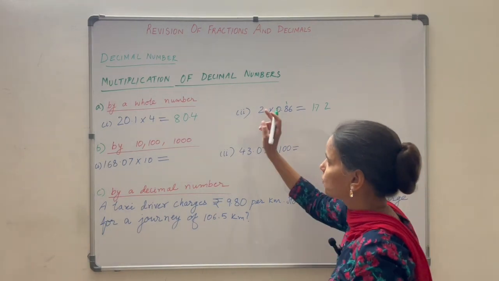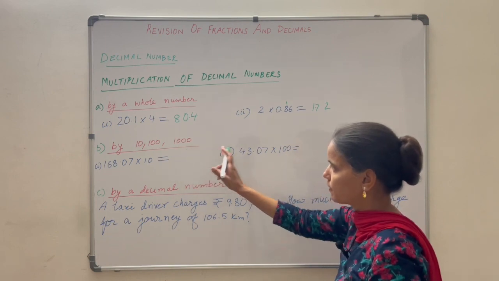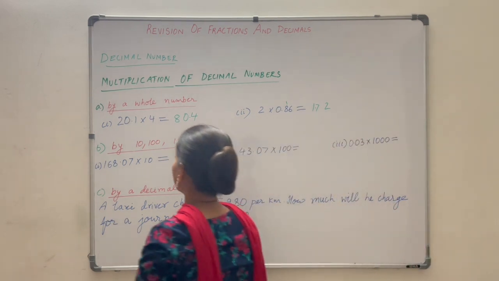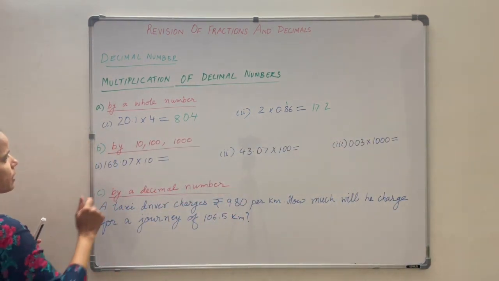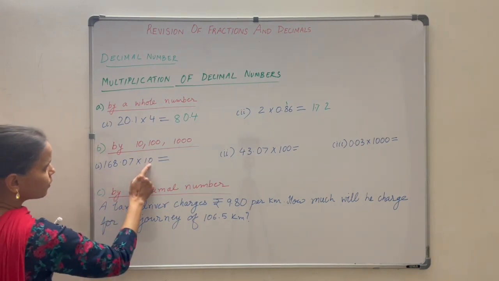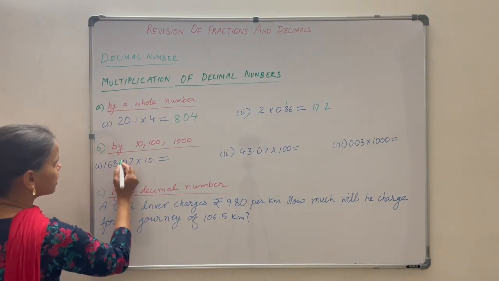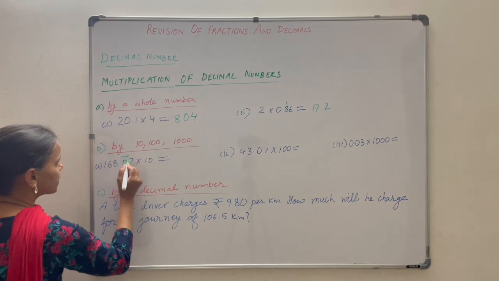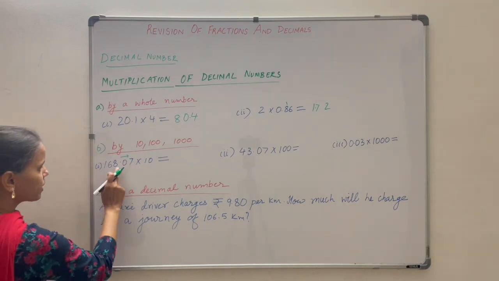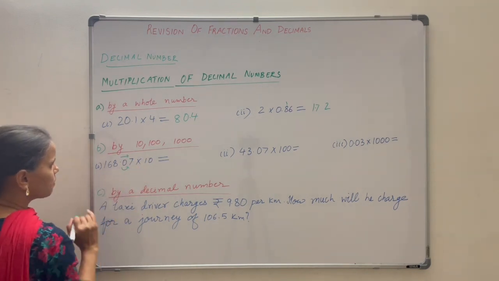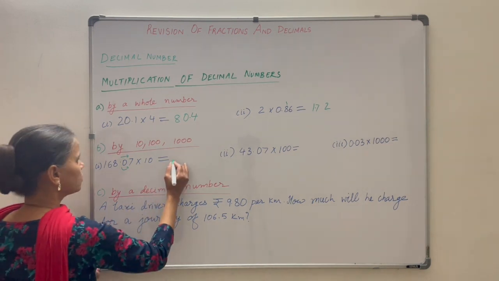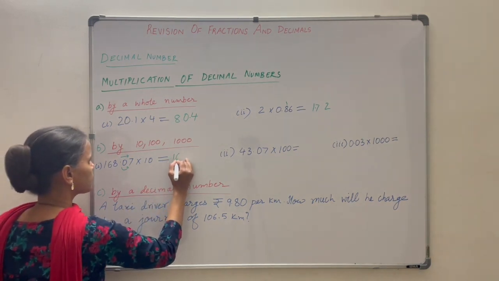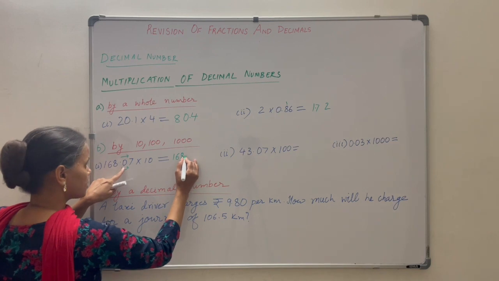Now let us see how to multiply a decimal number by 10, 100 and 1000. So when you multiply a decimal number by 10, how many zeros are there in 10? 1. So the decimal point will move one digit towards the right side. So where is it going to come? It is going to come here. So we will write it as 1680.